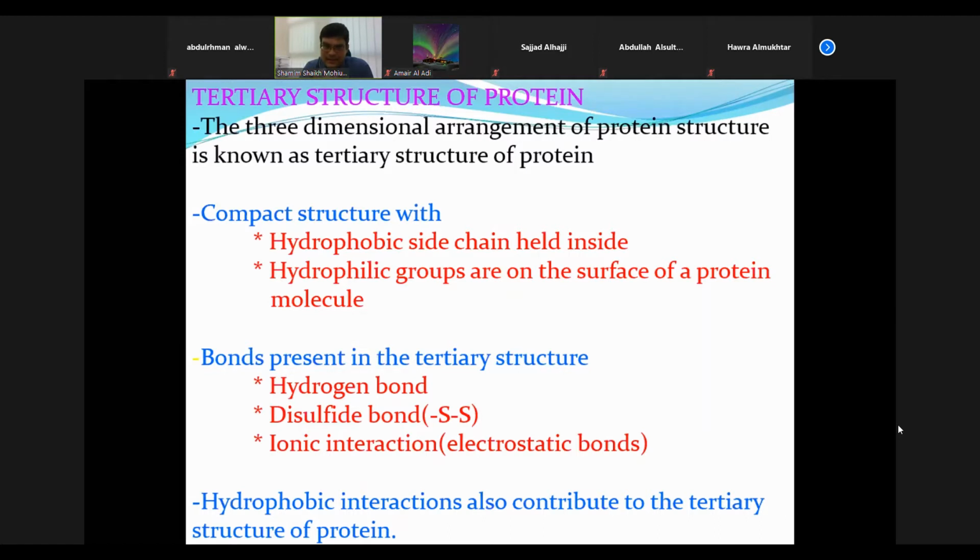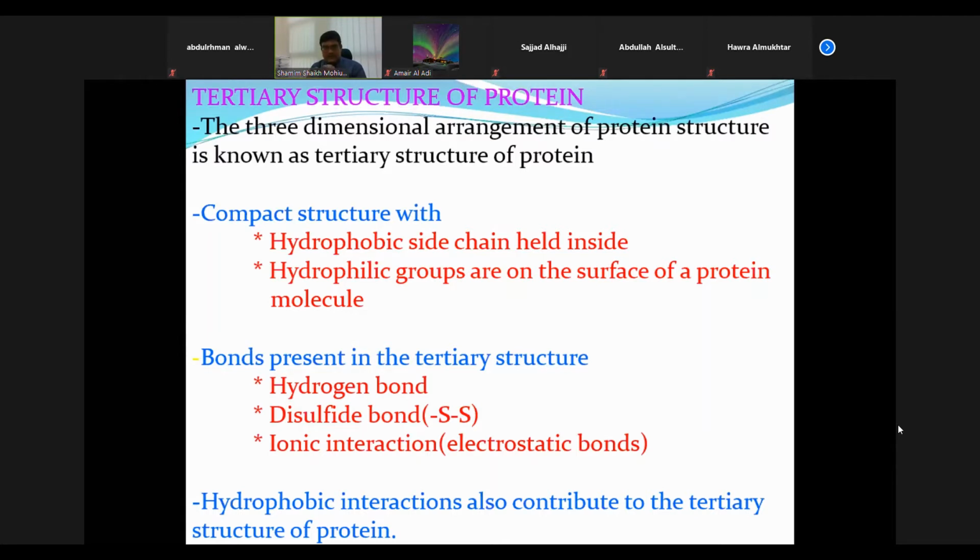Am I clear? And whatever proteins we take in our daily life, suppose you are eating a piece of chicken, the piece of chicken is actually either tertiary or quaternary structure of proteins. When you break it down further, it will gradually convert into secondary, and then into primary structure.